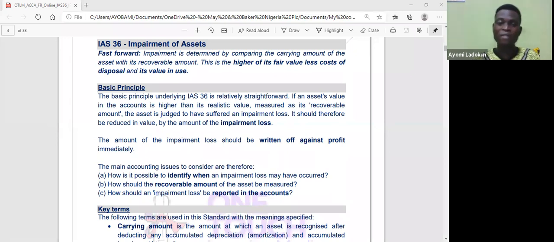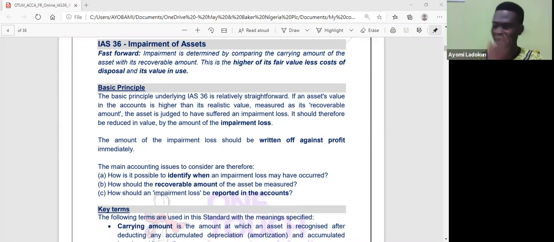If an asset is carried under the cost model or revaluation model in accordance with IAS 16 or IAS 38 for intangible assets, I will have to depreciate. Except if I carry the asset under the fair value model in accordance with IAS 40, that's when I don't depreciate. Depreciation will happen every year, and you need to understand that that is not impairment.